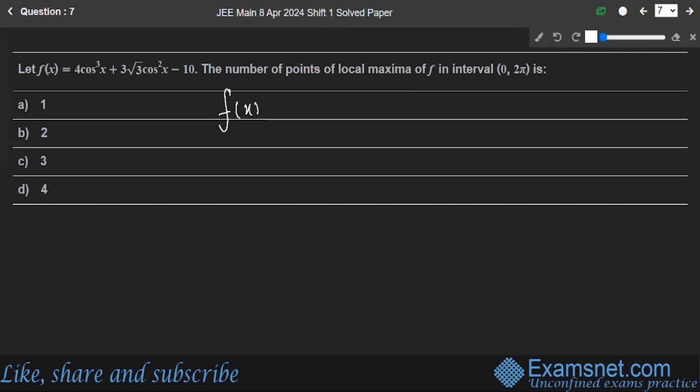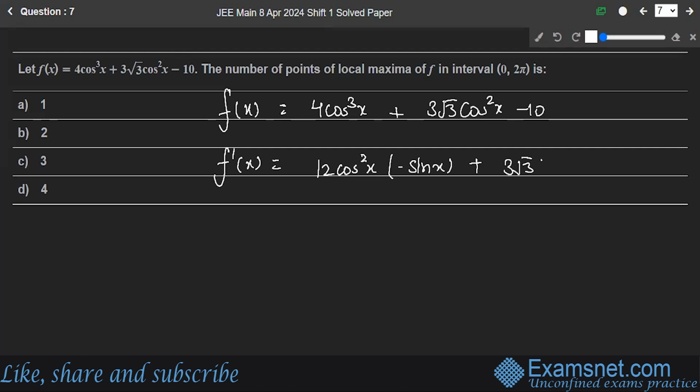So here's your function f(x) = 4cos³x + 3√3cos²x − 10. Let's find the derivative. This is 12 cos²x into the derivative of cos, which is minus sin x, plus 3√3 into 2 cos x into sin x, equal to 0.